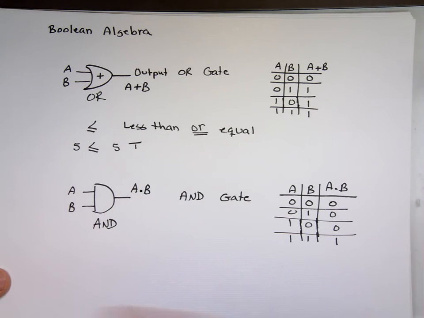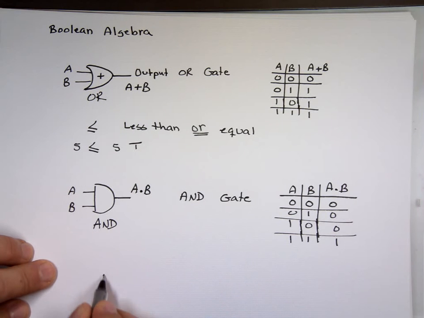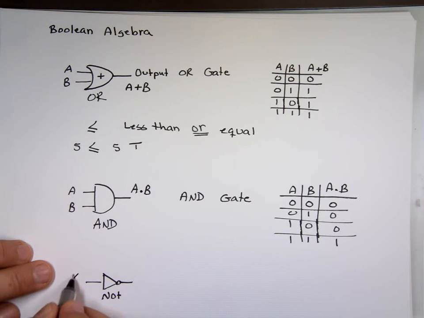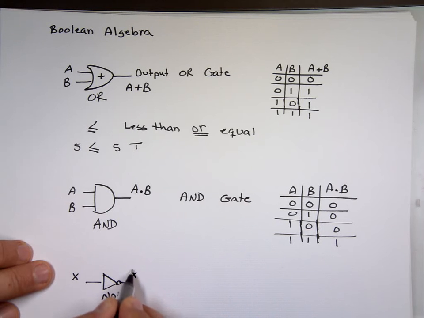So now when we start writing Boolean algebra, you'll see that in a minute, but let me add one more before I forget, and that's the NOT gate. Like if this is X, this is X not.